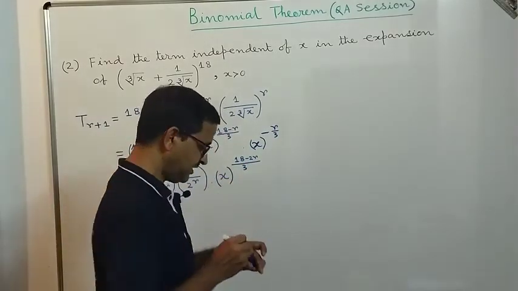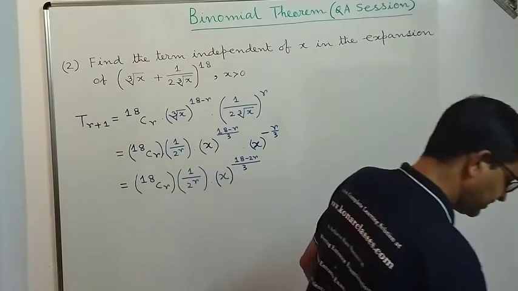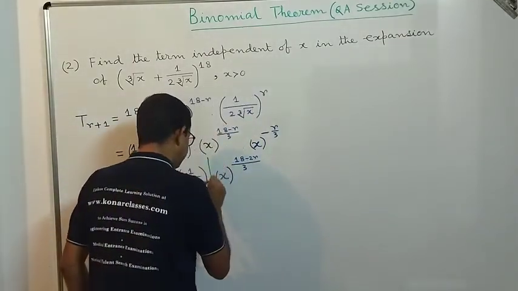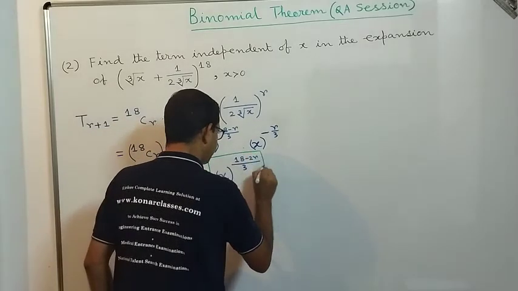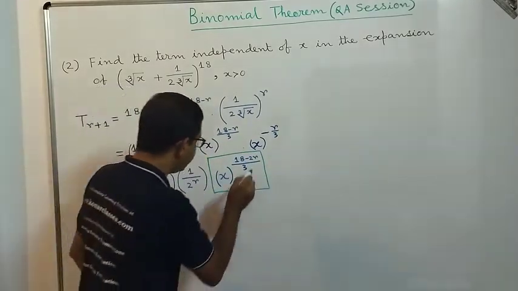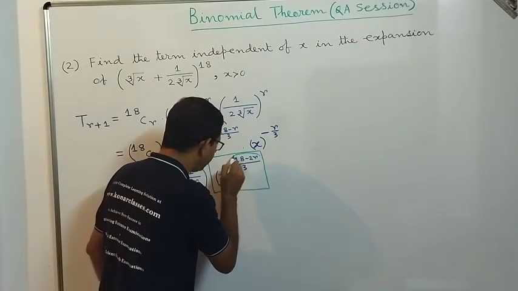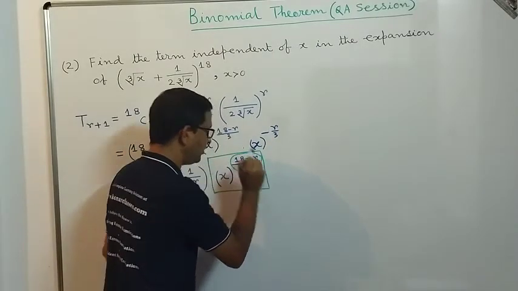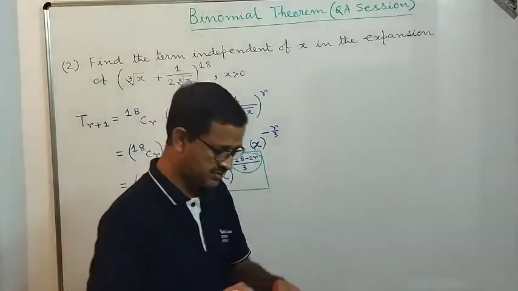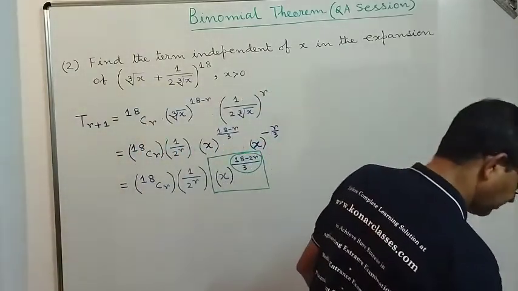Now as I was telling a few minutes back, dear students, this entire term has to be independent of x. We can only make it independent of x if we make this exponent equal to 0. Then it will become x power 0, and x power 0 is 1. So finally the term will be independent of x.